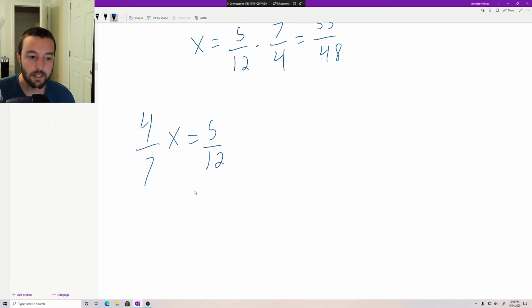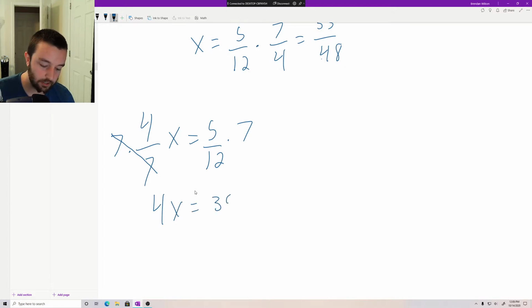If we want to get rid of the 7 on the bottom, we should multiply both sides by 7, right? Because now the 7 on the top and the 7 on the bottom will cancel out over here. So we have 4x. And then over here, we have 5 times 7, which is 35 over 12.